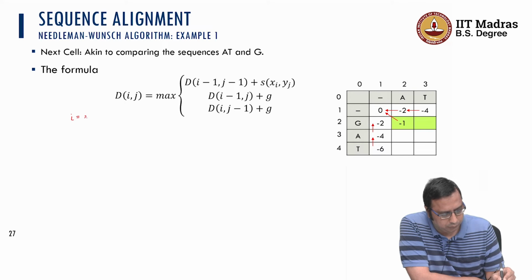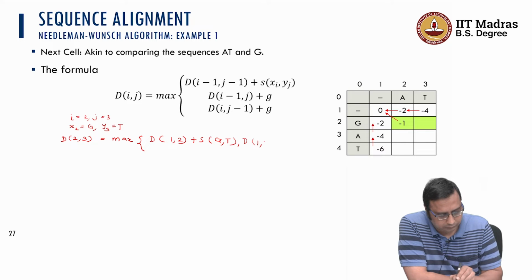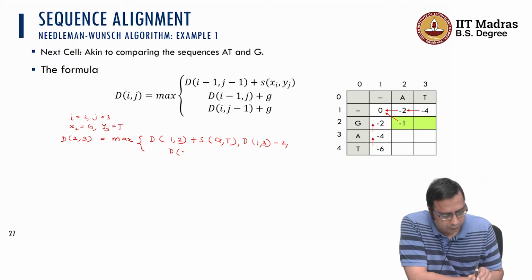Here i is equal to 2, j is equal to 3, and x2 is equal to G, and y3 is equal to T. Again we can compute D(2,3) is equal to max of D(1,2) plus S of G, T; D(1,3) minus 2, that's a gap cost; and D(2,2) minus 2, which is again the gap cost.